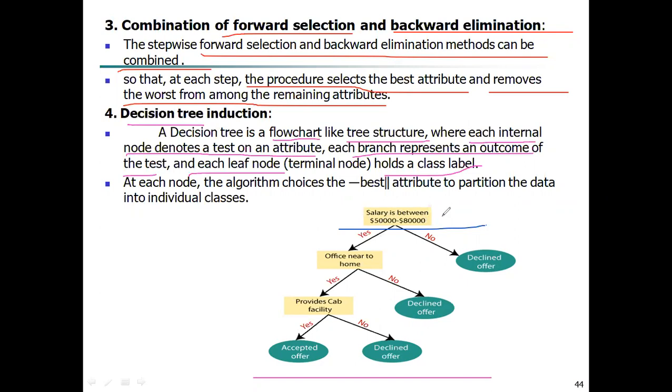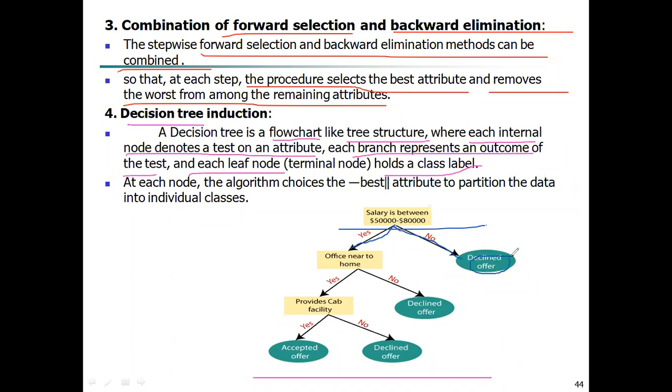If the salary is between 50,000 to 80,000, it is mentioned in dollars, but don't consider the dollar symbol, just assume it's between 50,000 and 80,000. What is your wish? If the salary is between 50,000 and 80,000, then only I'm going to decide; if yes, travel this side. If no, the salary is not within that range, which means it is less than 50,000, then you just decline that offer.